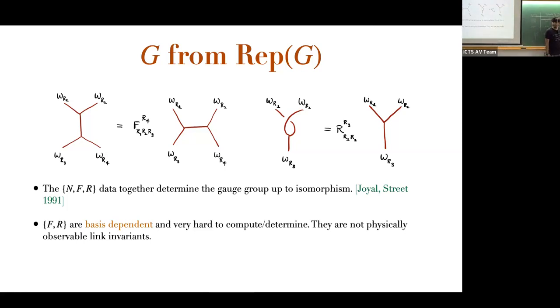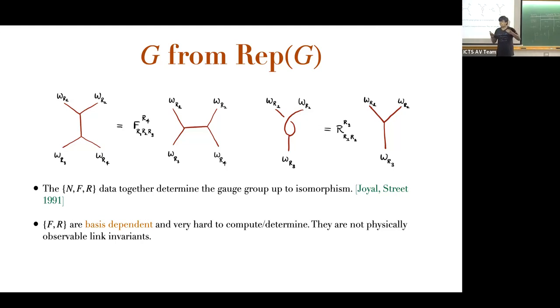From the S matrix, you can get N by the Verlinde formula. So N can be obtained if you know how to braid anyons, and it's a gauge invariant quantity. F and R are not gauge invariant quantities. They depend on a basis choice. That is because these diagrams have junctions, and junctions involve a choice of local operators on the junction.